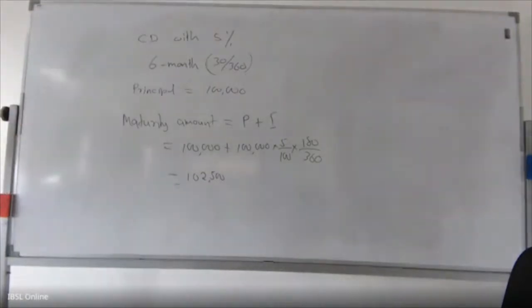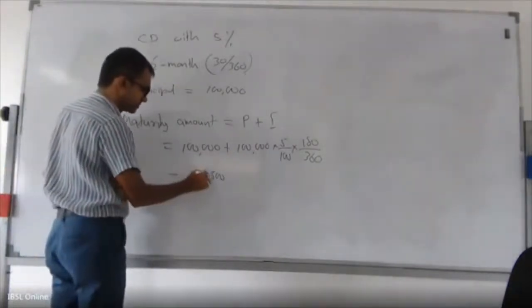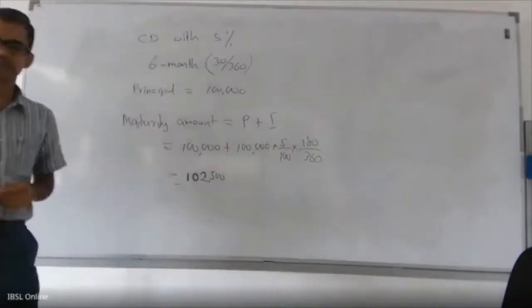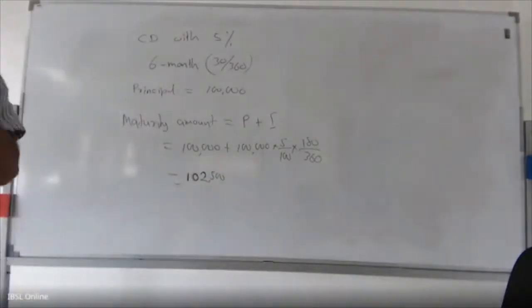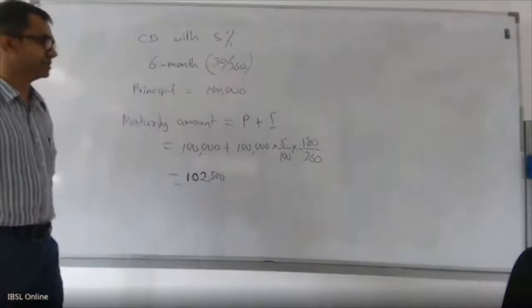Correct? 102,500. Clear? Any question? This is just a simple interest calculation based on a 360-day count basis.